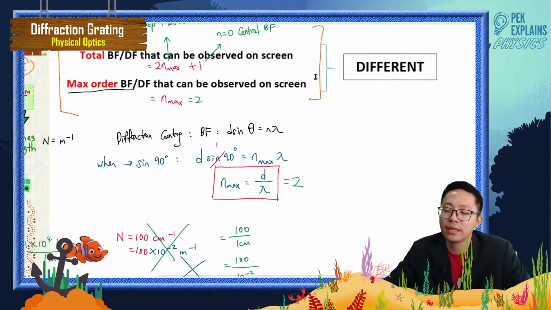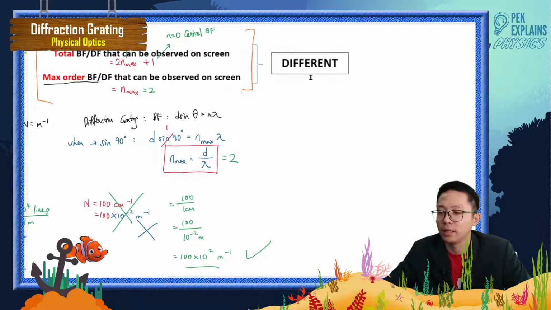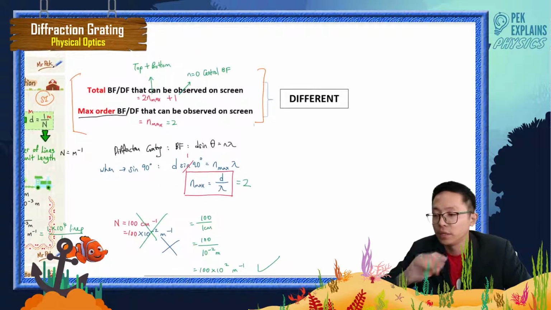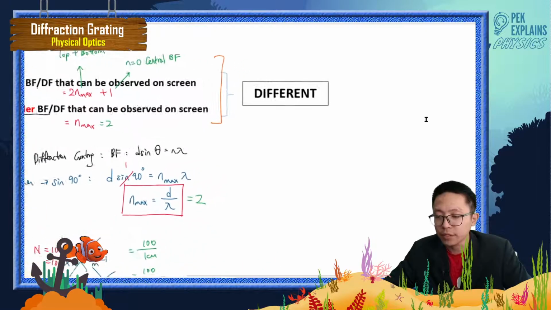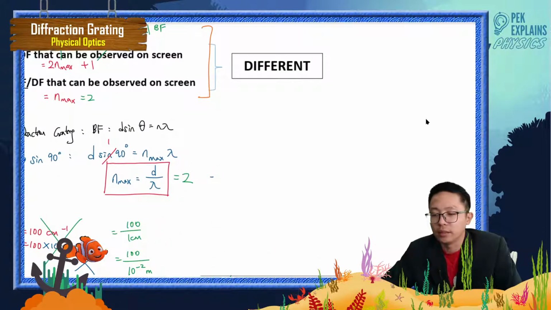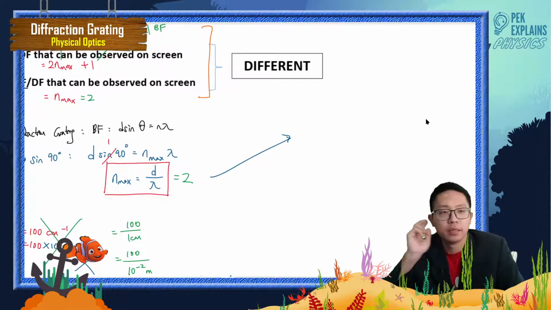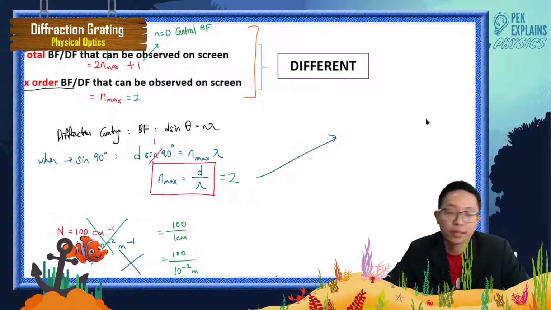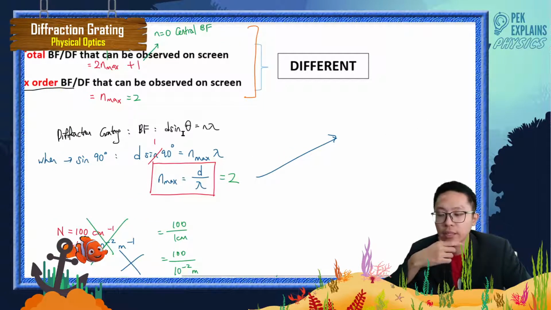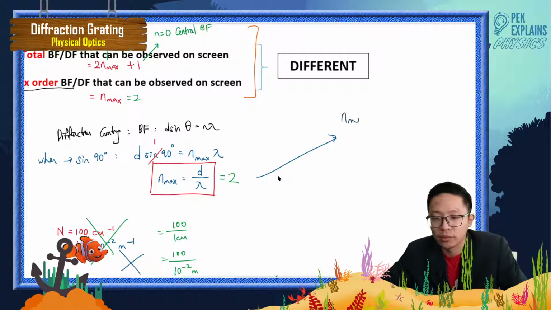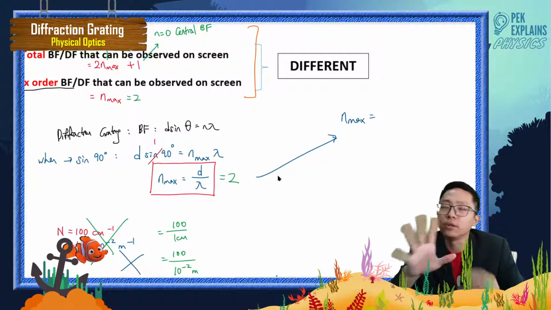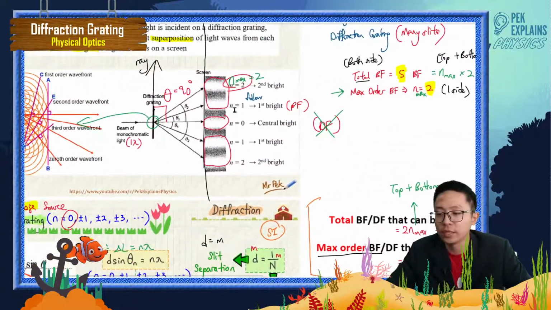Now let's say in another question, you calculated the maximum order you can see, but the figure is not given.